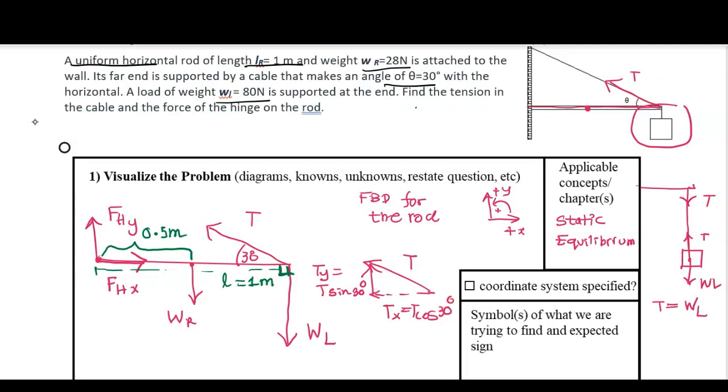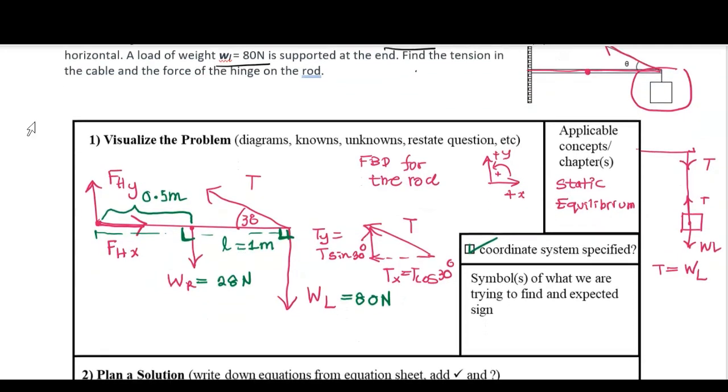No, I'm sorry, it's 28 newtons, and then the angle between the weight and the rod is equal to 90 degrees, and then the weight of the load is 80 newtons, the angle is 90 degrees, and we have specified the coordinates, and we are trying to calculate the tension force.